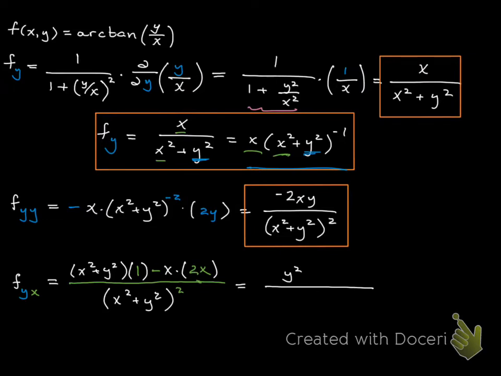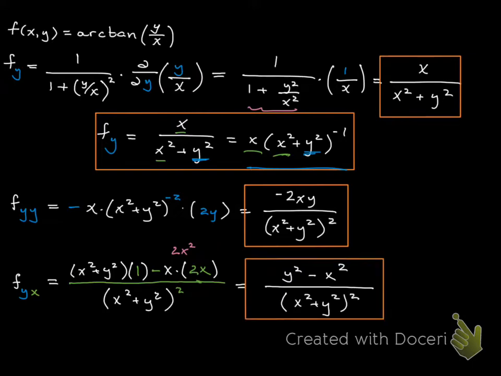This gives me y squared minus x squared, divided by that denominator there. And I am done. This guy then is my second order partial, my mixed partial with respect to y, then x.